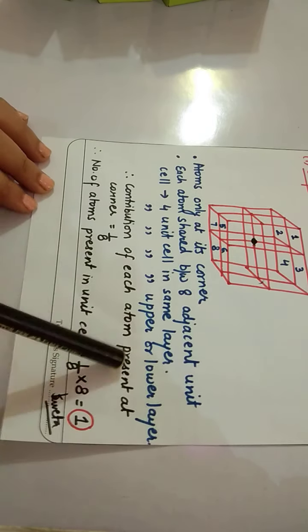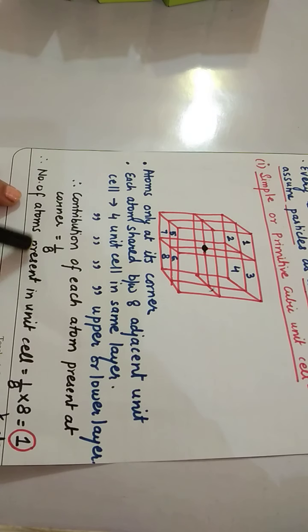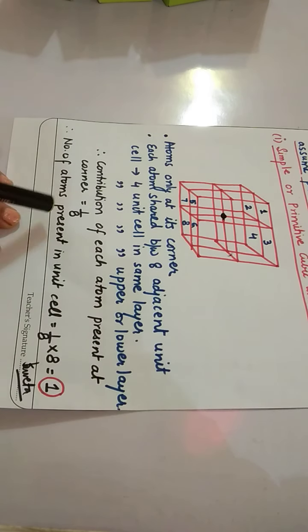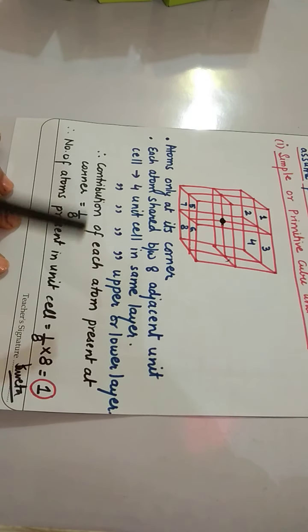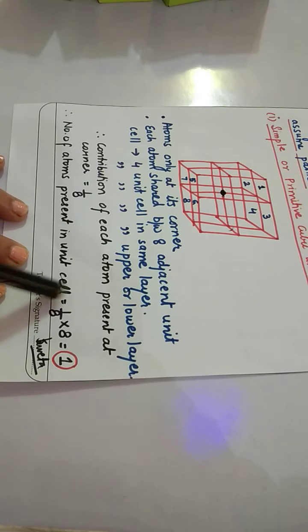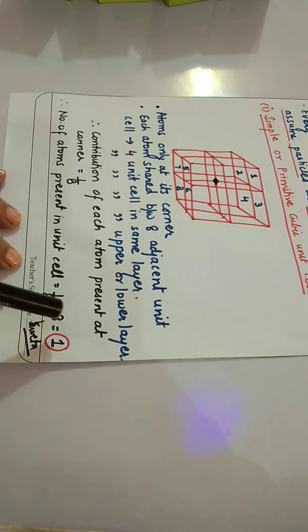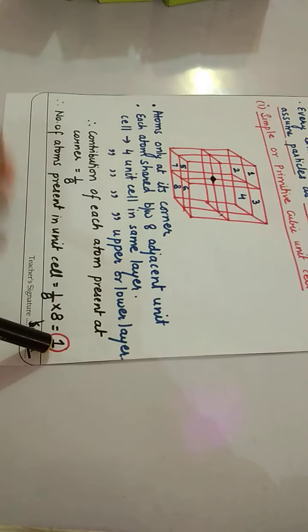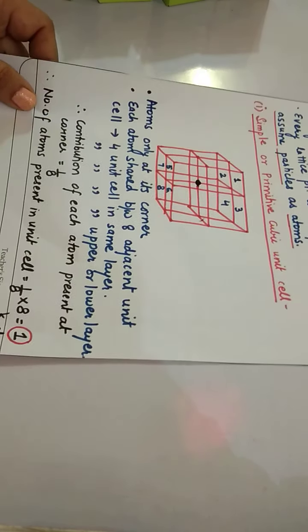So to find the number of atoms present in a unit cell, the formula is contribution of each atom into total number of atoms. Contribution of each atom is 1/8, because one corner is shared by 8. Total number of atoms is 8. So 1/8 into 8 is equal to 1. So the number of atoms in a simple cubic unit cell is 1.